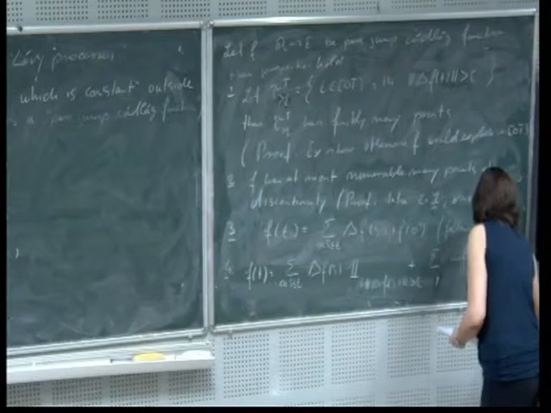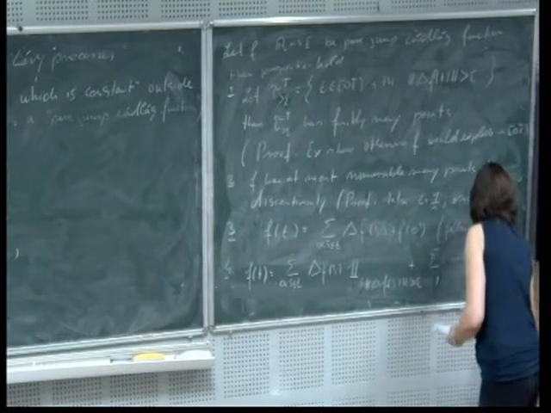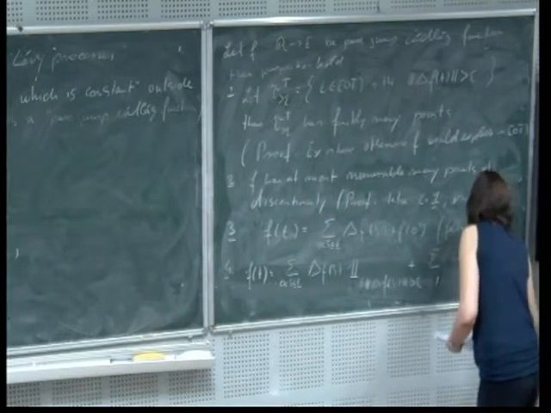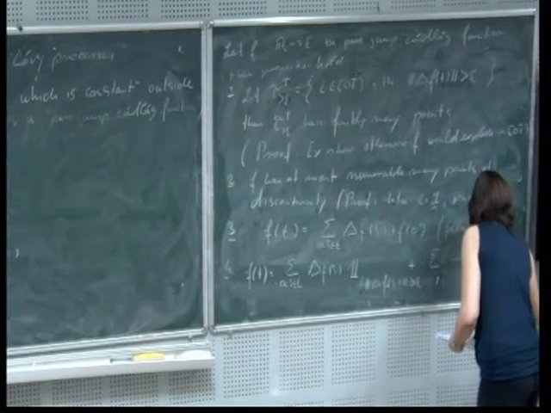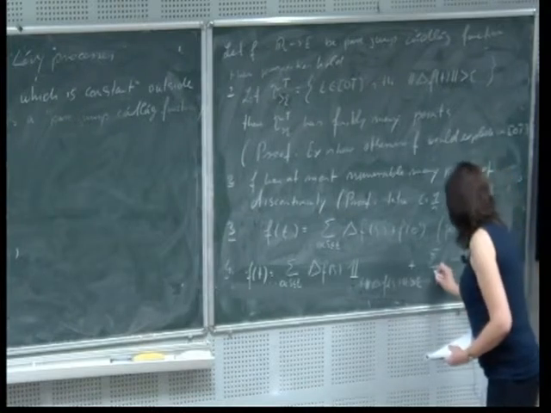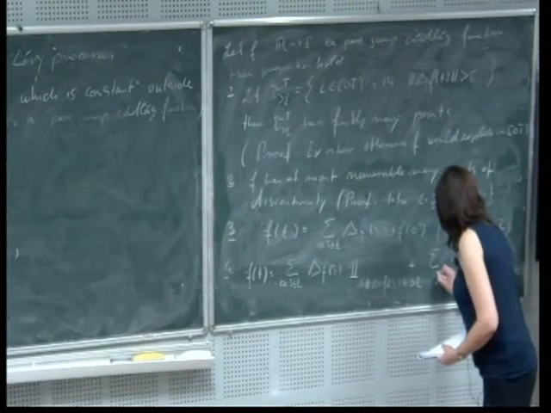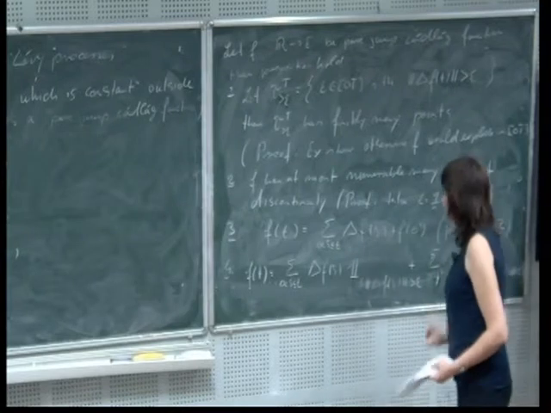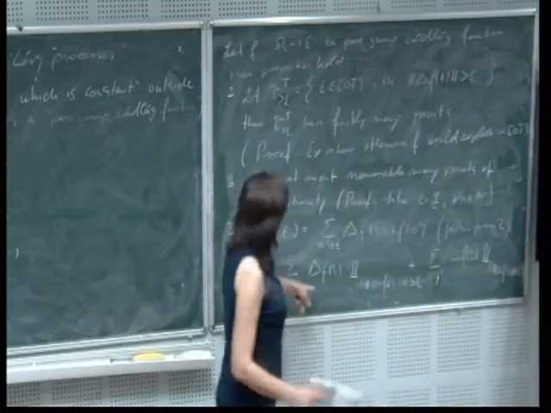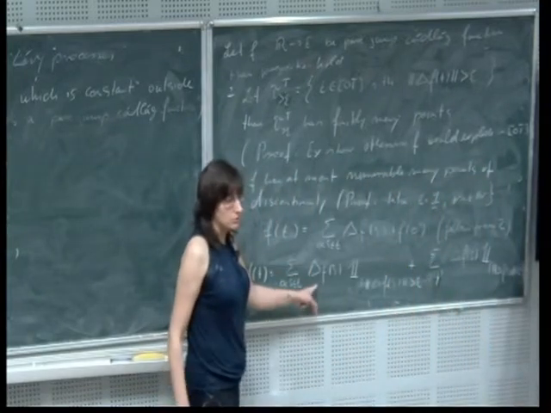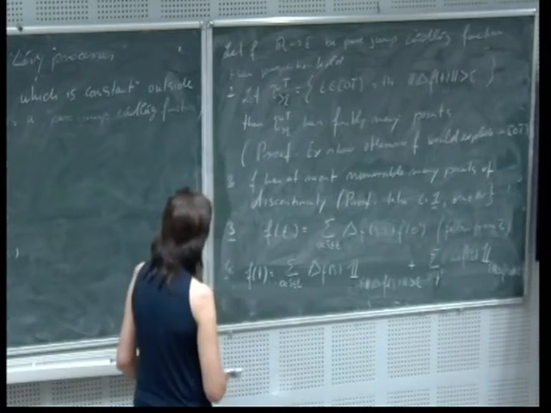So the norm of the jump at times s here is smaller than epsilon. I am afraid you cannot read it, but okay. And this part here has bounded variation.